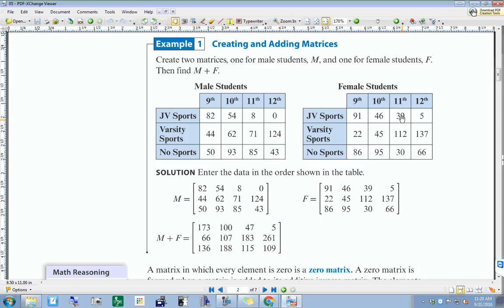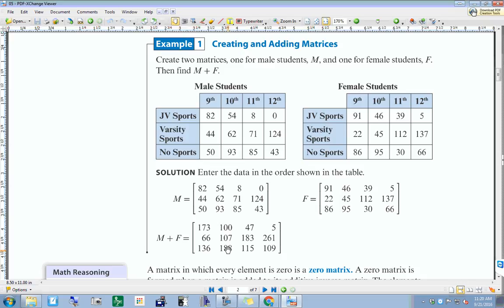Did the same thing over here. As long as this table has the same kind of information as the other table, the matrix will have the same kind of information as the other matrix. They can be added together. I've got a 3 by 4, a 3 by 4. I get to add it up, and I get this table down here.